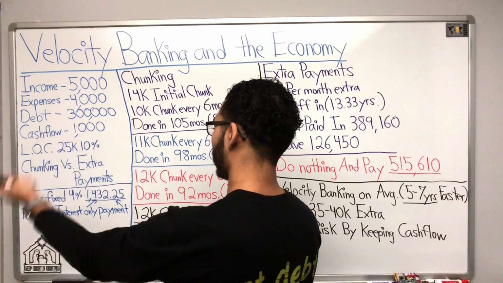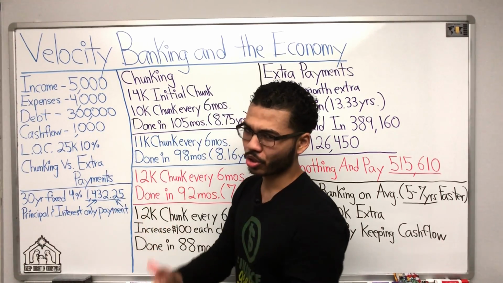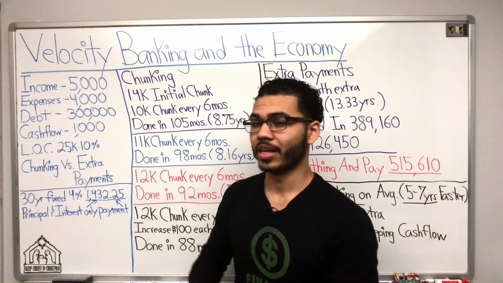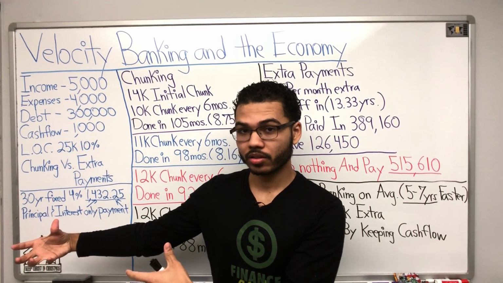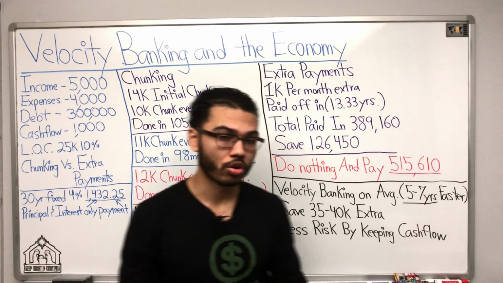Okay, and just pay your bills. Pay your bills every single month. Now, I'm sure you can agree with me that doing nothing is the worst option. Okay, so we can cross that out.